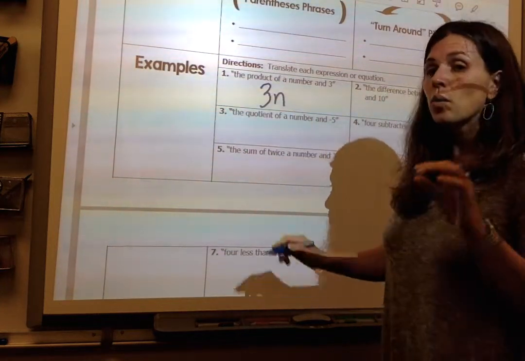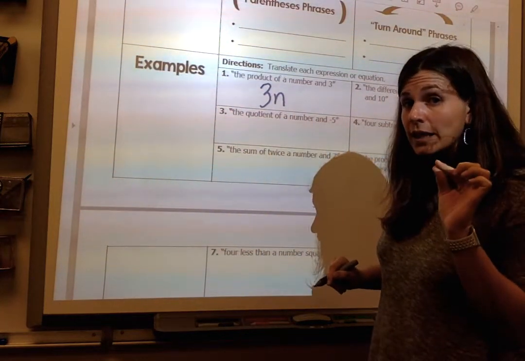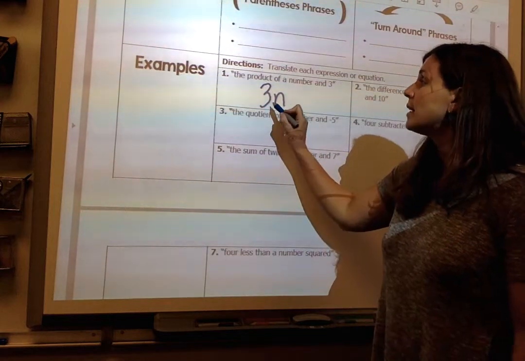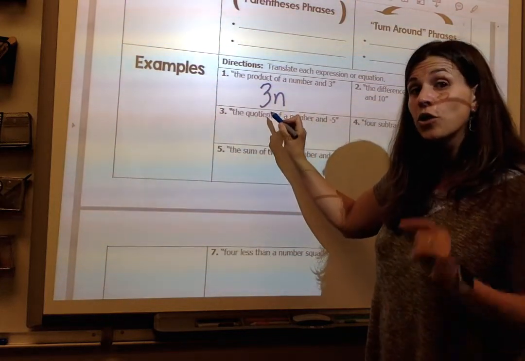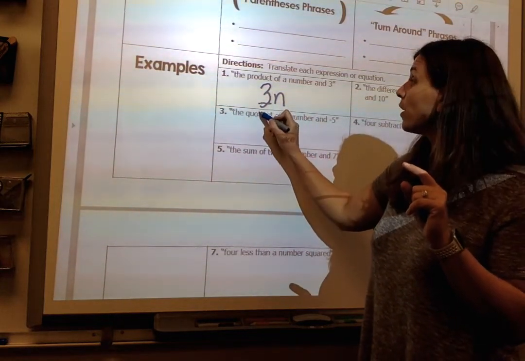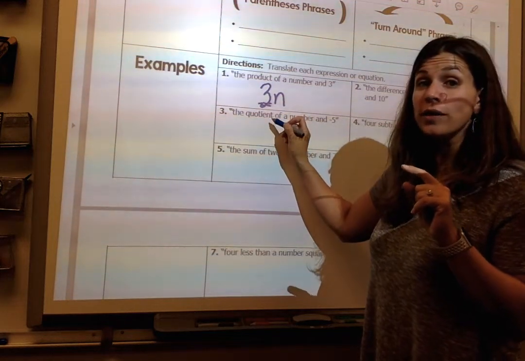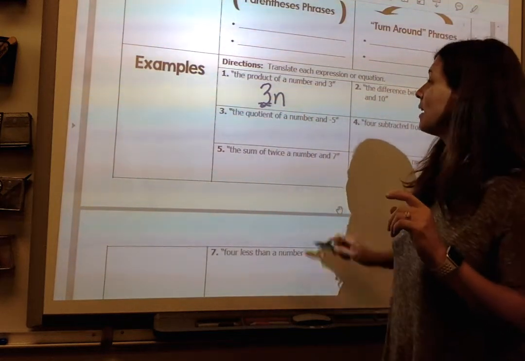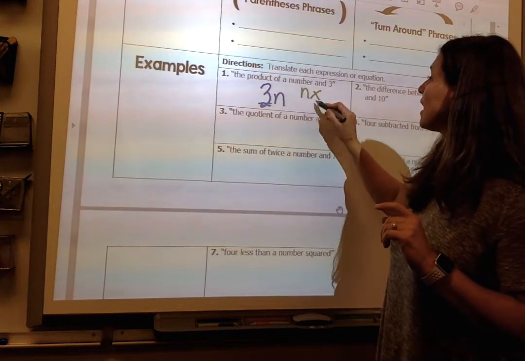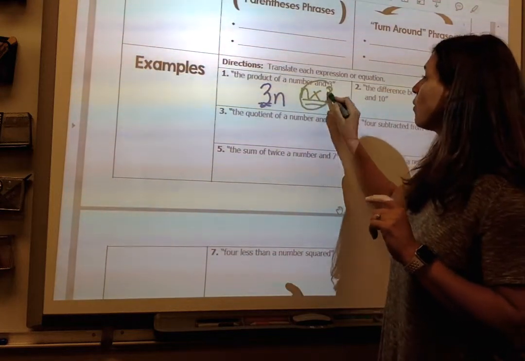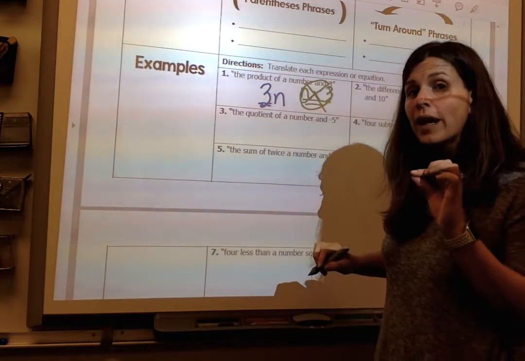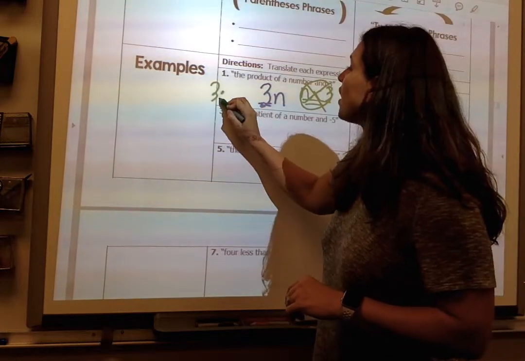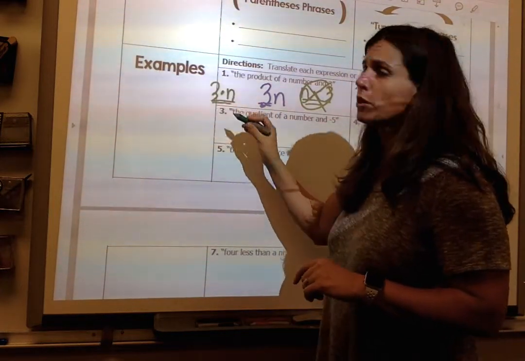3 and a number. We know vocabulary here, so I want you to listen to me. This is the most simplified way you write it. Your coefficient is in front of your variable. You will notice I don't use this sign anymore. I will not say n times 3. That is not okay. That's not a simplified way to write it. I don't even use a dot to write multiplication.